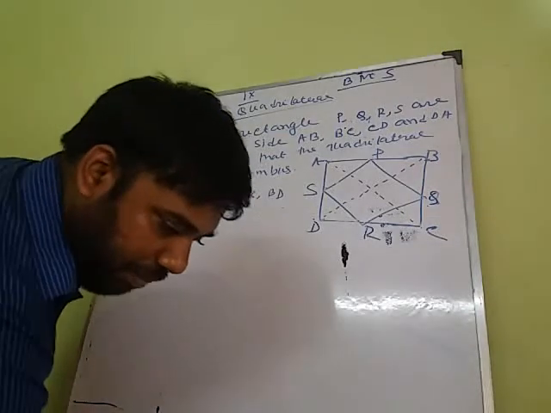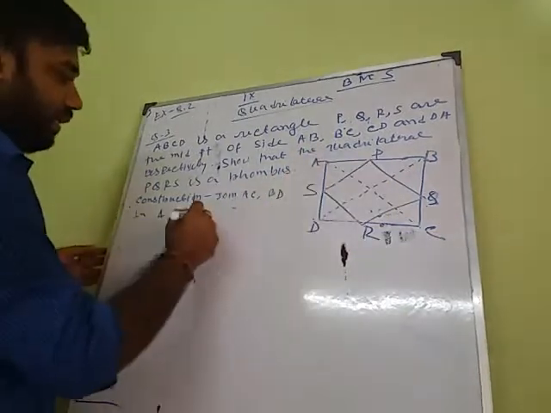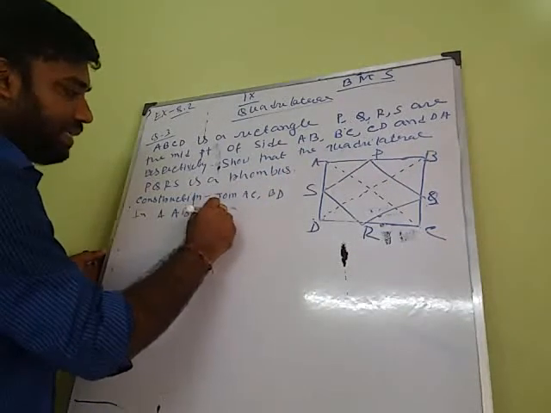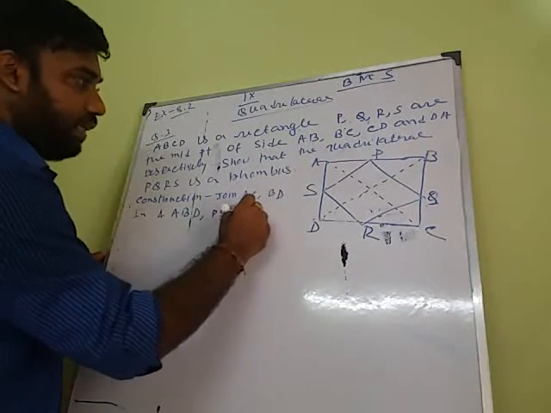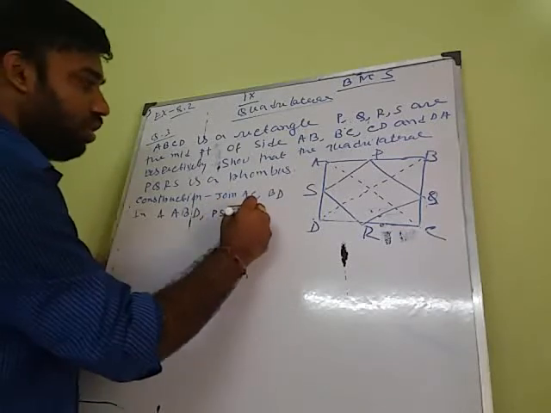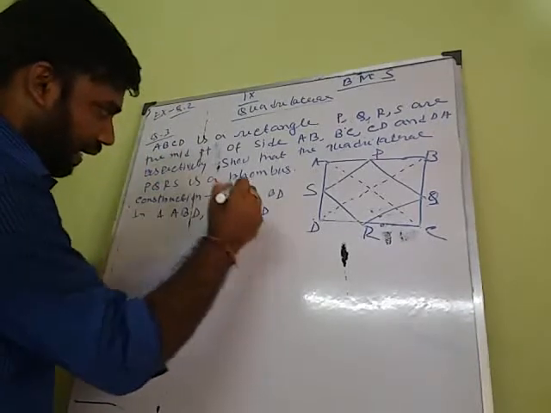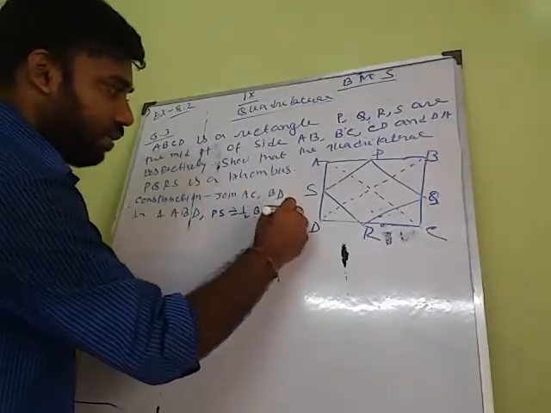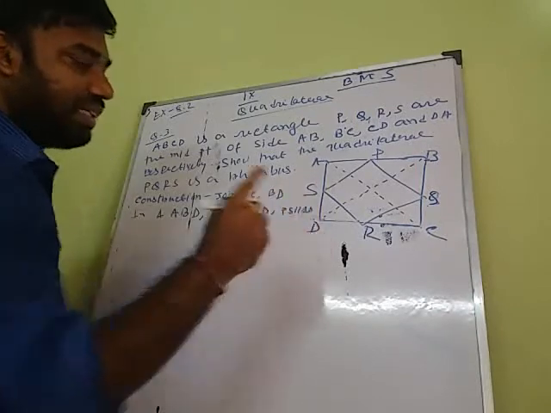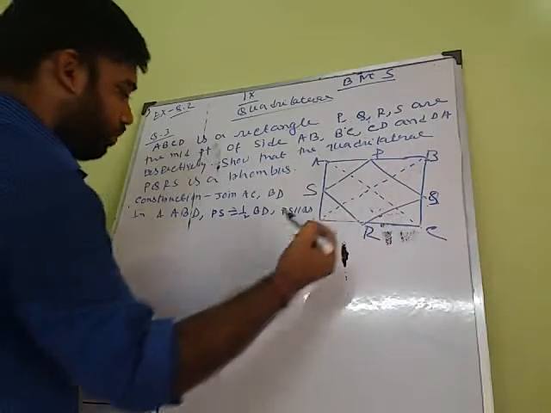In triangle ABD, PS is half of BD, PS equal to half of BD and PS parallel to BD. That is by the midpoint theorem, PS parallel to BD and PS equal to half of BD.